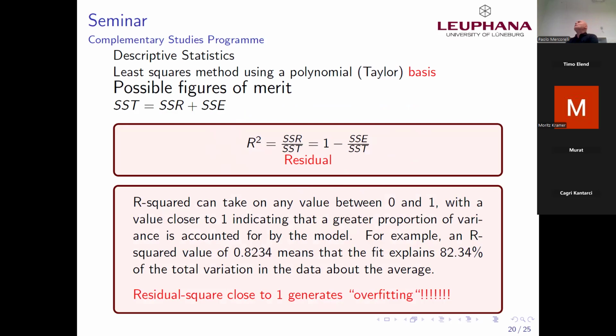This means it cannot be used to determine the order, the number of parameters, because by including more and more parameters we will reduce SSE and we will increase R square monotonically.